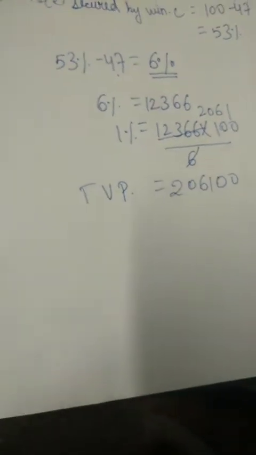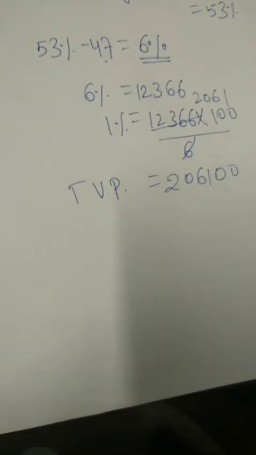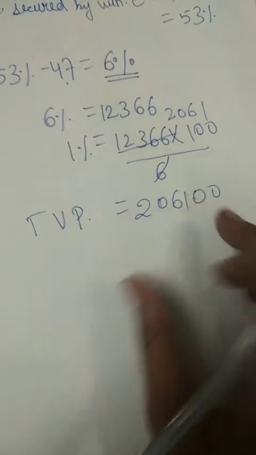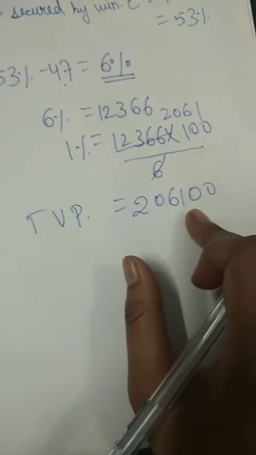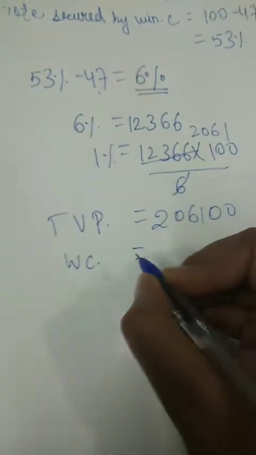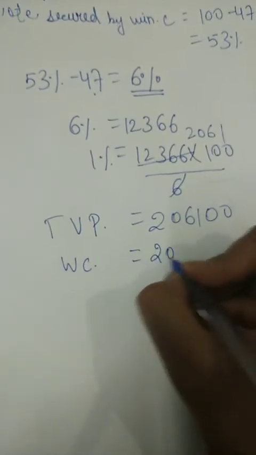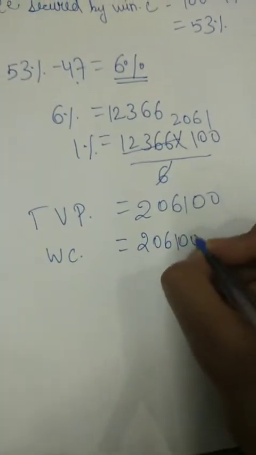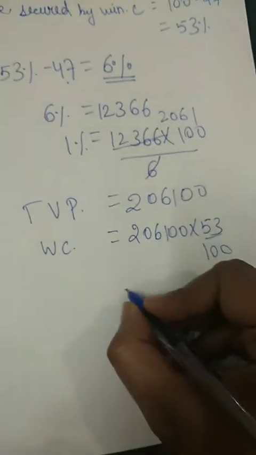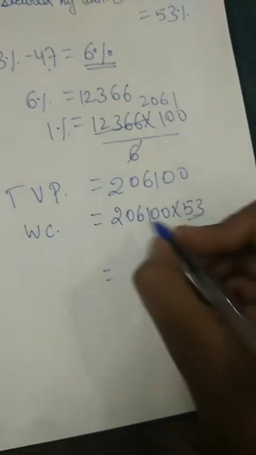Now you have to find the votes secured by the winning candidate. The winning candidate will be securing votes from the total number of votes polled, so the winning candidate will get 53% of it, and you have to solve this value.